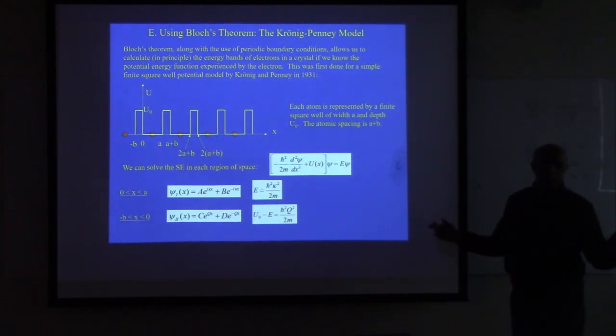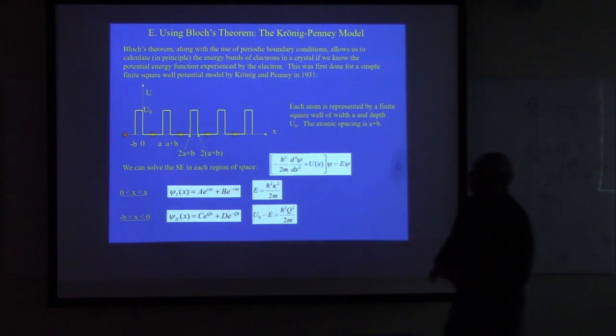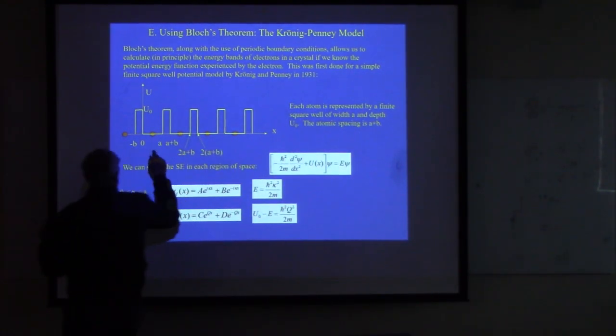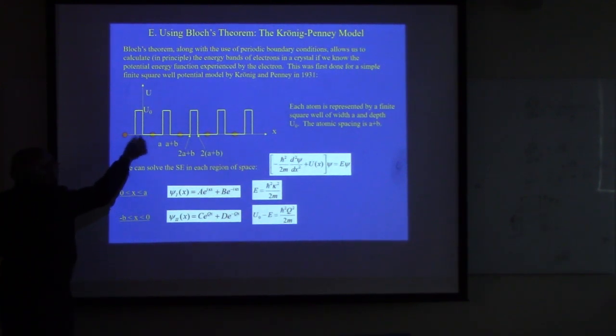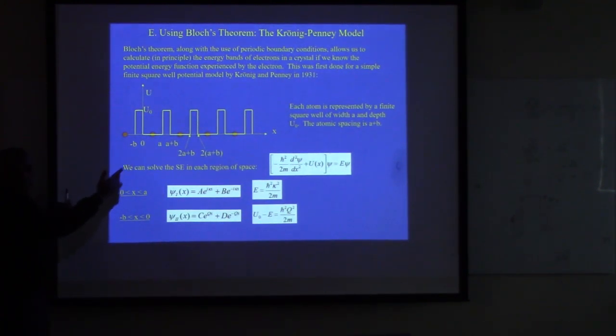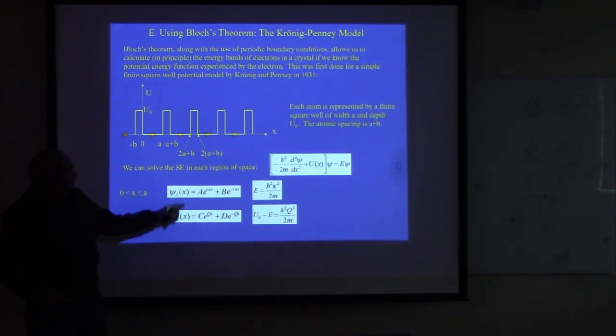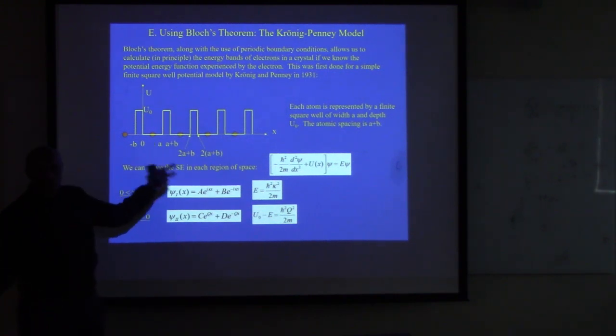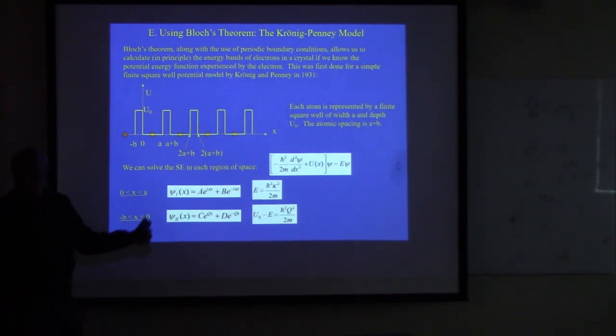We use the continuity, right? So you can look at x equals 0, both wave functions should be continuous. So psi 1 and psi 2 at x equals 0 should be the same. Then the derivative d psi over dx at x equals 0 also should be the same, right? Boundary conditions.